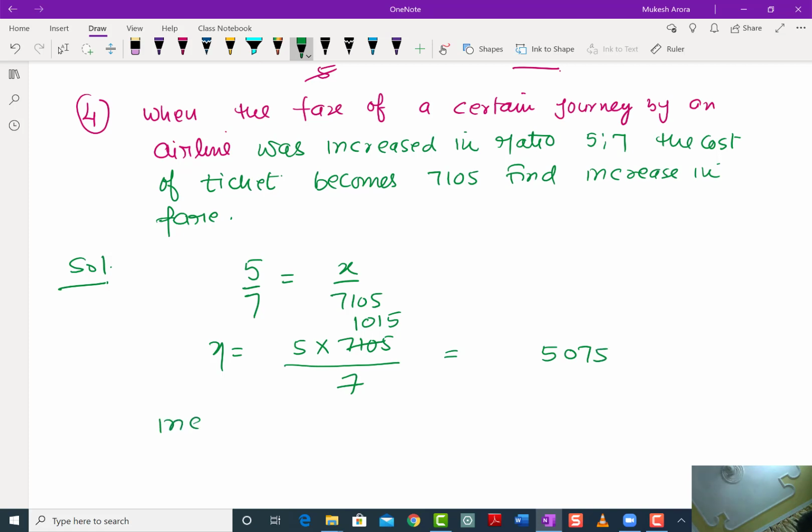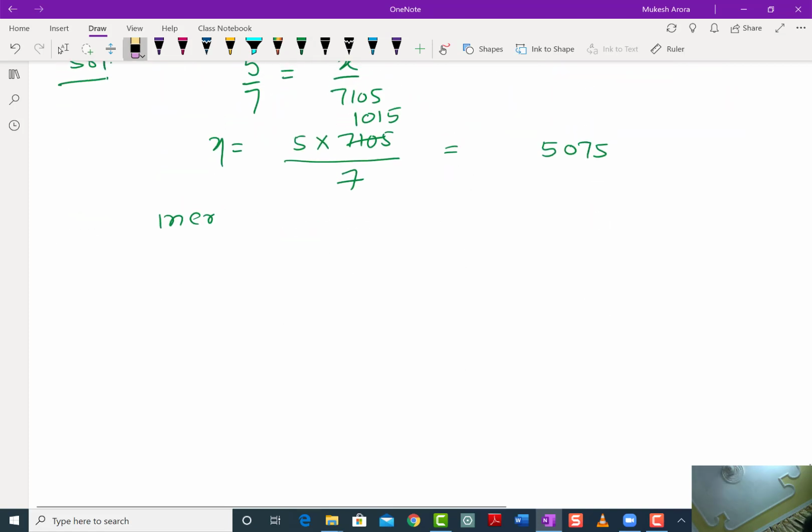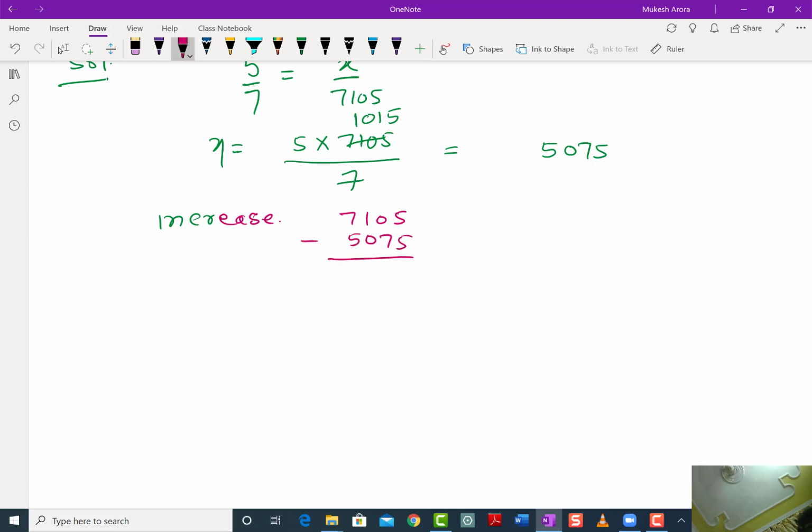What was the increase? Increase was 7105 minus 5075. This is 2030.